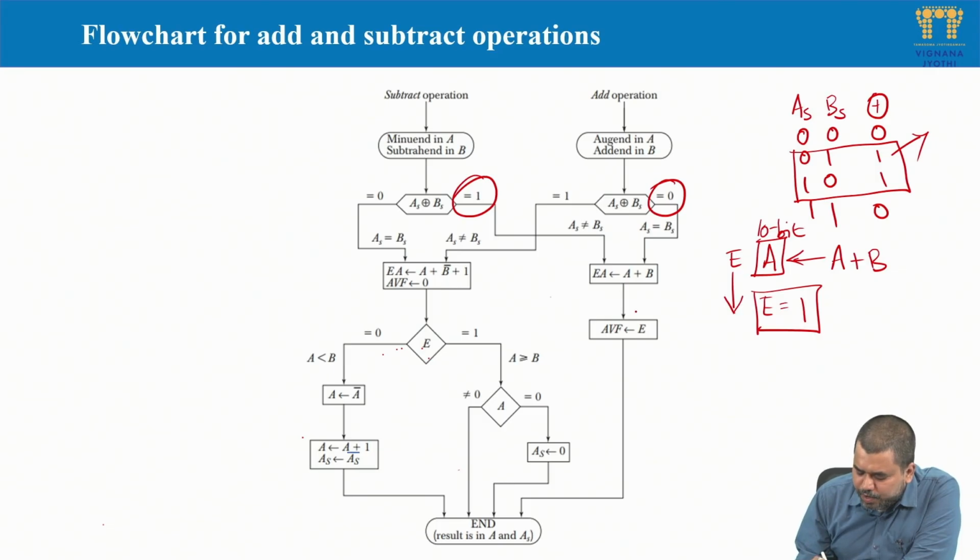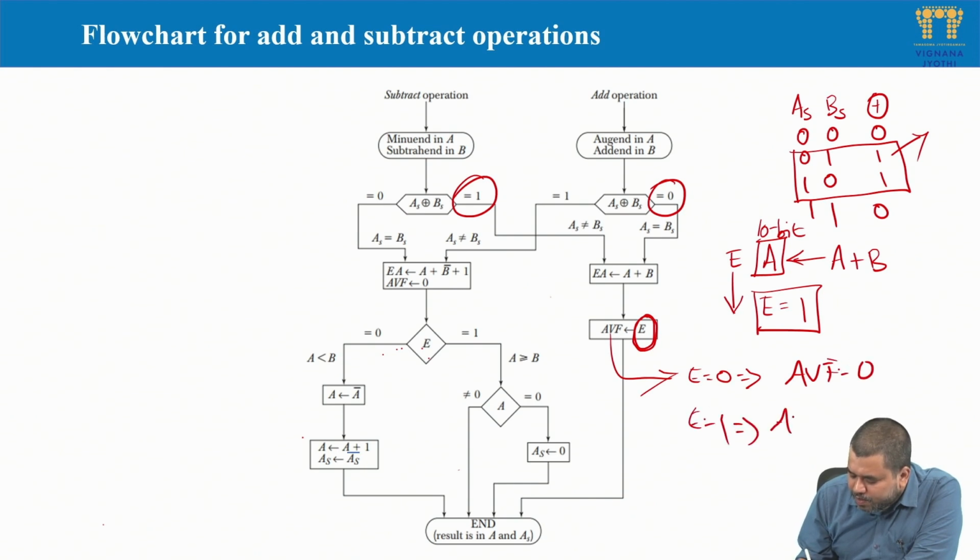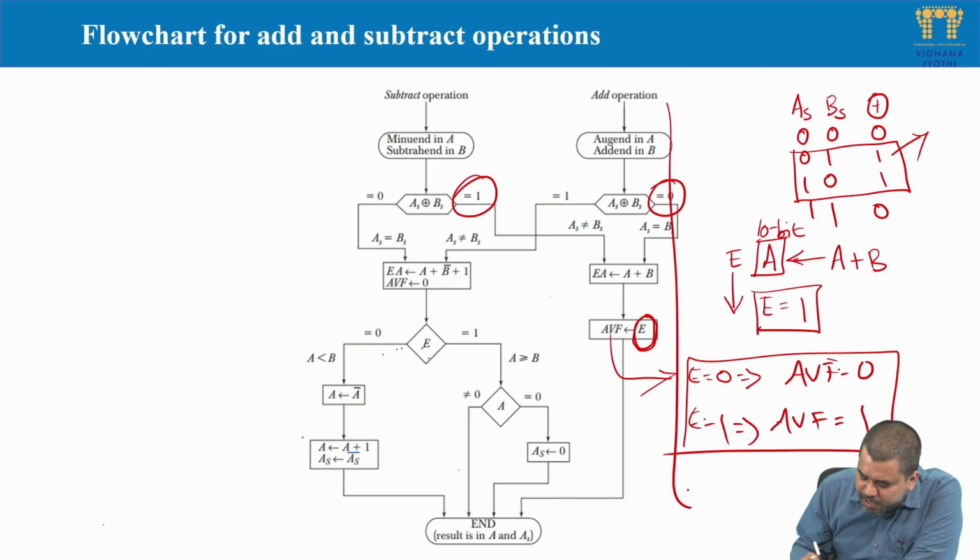That is the meaning. So whenever E equal to 0, AVF will be 0, so no overflow. Similarly, if E equal to 1, AVF equal to 1, indicating that there is an overflow. This is the addition flow.